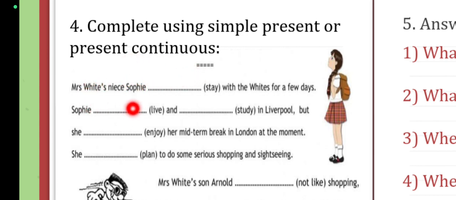So depending on the context, you would say simple present or present continuous. So I would need you to complete the blanks between Mrs. White's and Liverpool. Can you try? Okay. To Mr. Only 3 blanks. Okay.